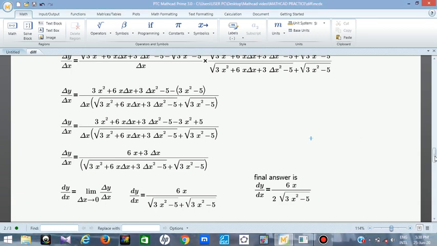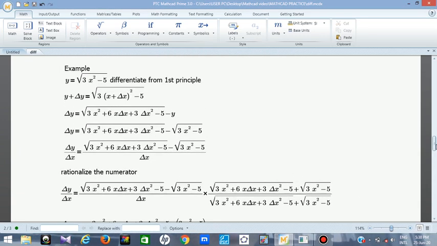The major secret about differentiation from first principle, I've told you before, is the inclusion of x plus delta x. Every value of x and every value of y, add delta y to y, add delta x to x, then solve downward following your basic mathematics rules. Then when you are solving downward, don't forget to take y to the other side of the equation, then replace the value of y with the question you have.